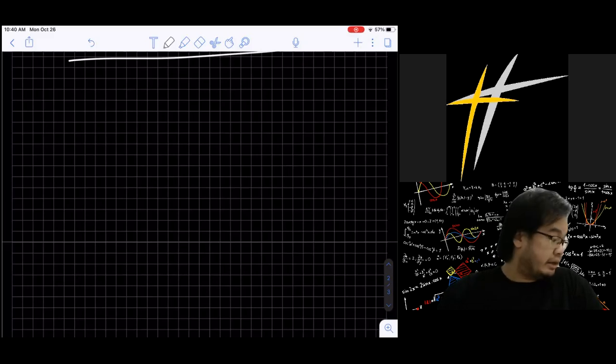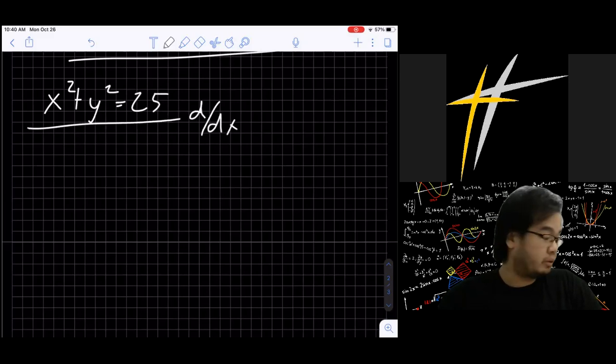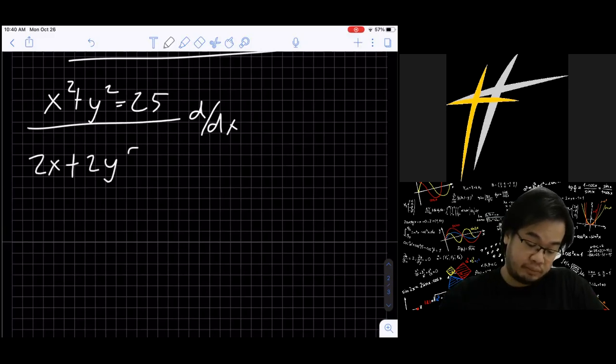Now differentiate implicitly to find dy/dx. We have x squared plus y squared equals 25, so we derive both sides with respect to x. So we have 2x plus 2y times dy/dx equals 0.